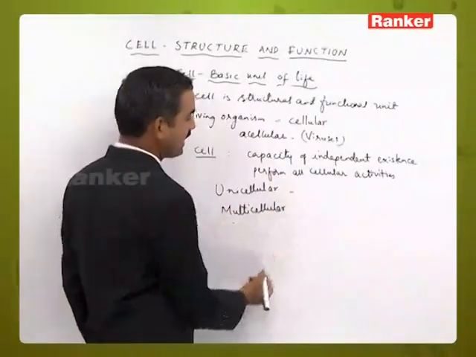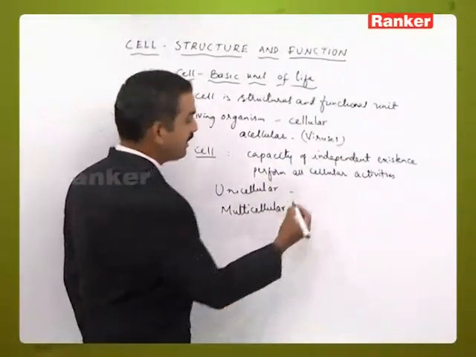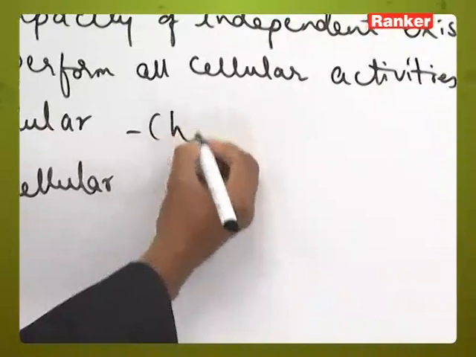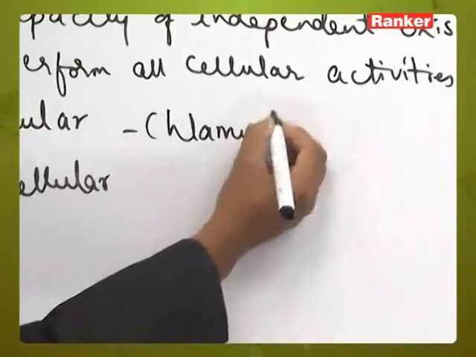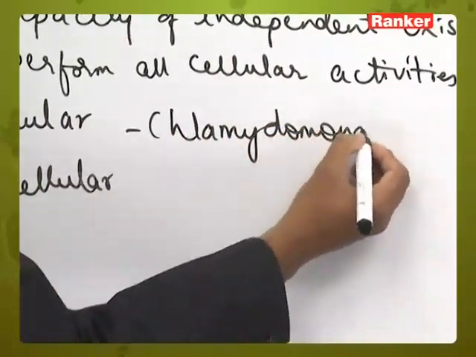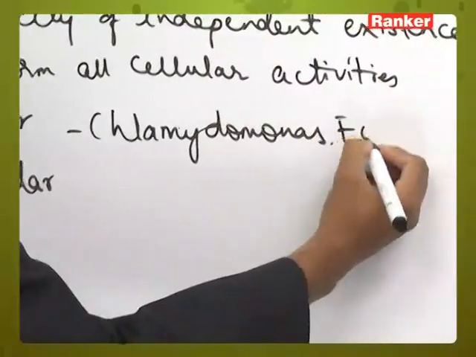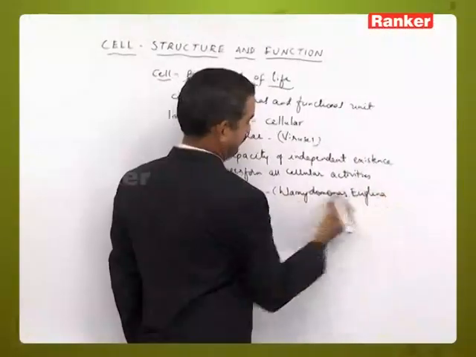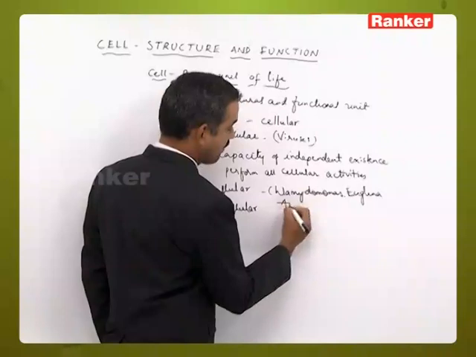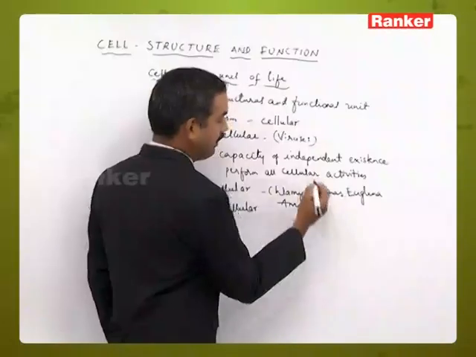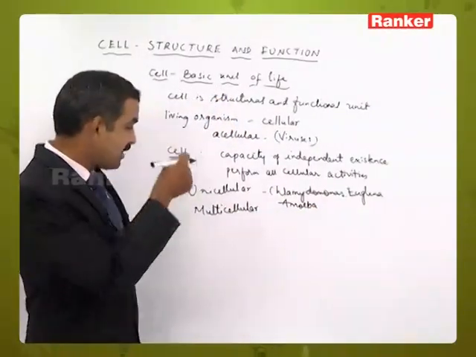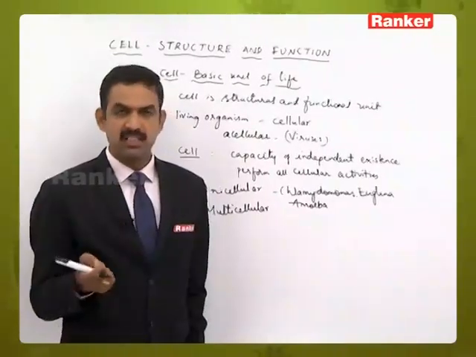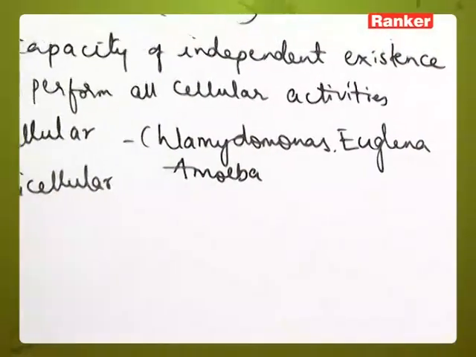Unicellular, like lower organisms we can say, like Chlamydomonas, Euglena, amoeba. As these organisms are made up of only one cell, it is not that they can't perform some functions.